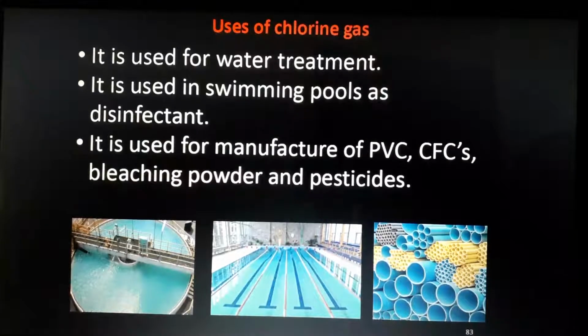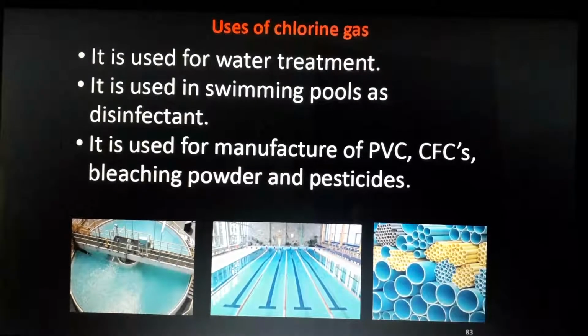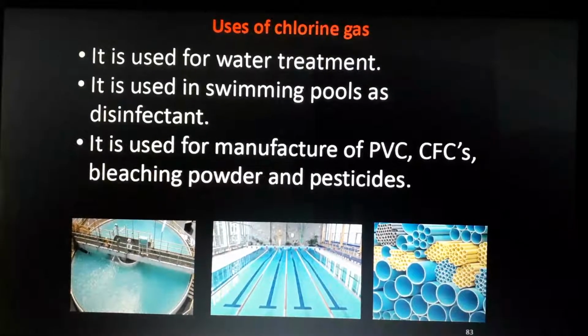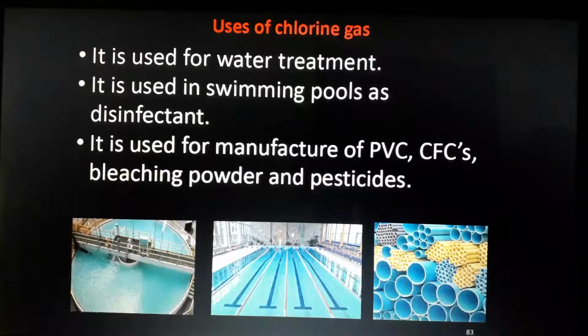Okay, skin related diseases, bacterial diseases. So if we use chlorine, all the bacteria will be destroyed. And disinfectant means to kill infectious bacteria and all. Understand? So it is used as a disinfectant. Like Dettol is used as a disinfectant. Very good example, isn't it? Similarly, chlorine gas is also a very good disinfectant.